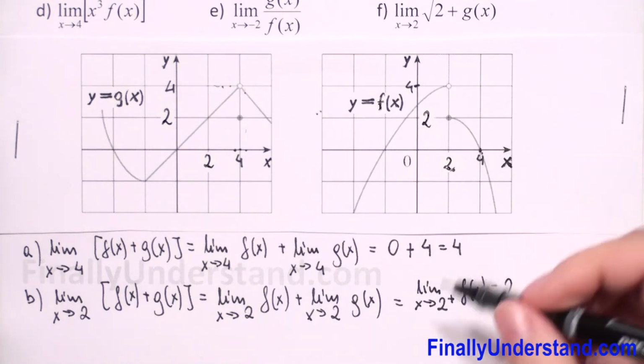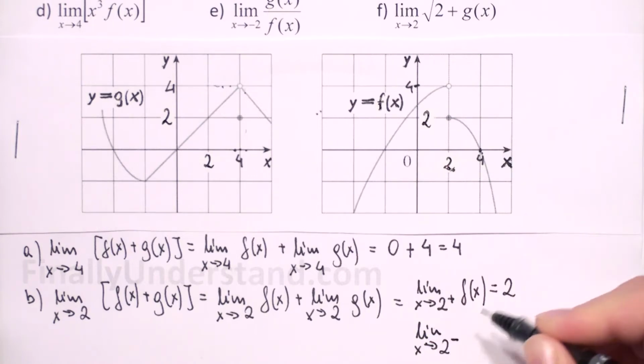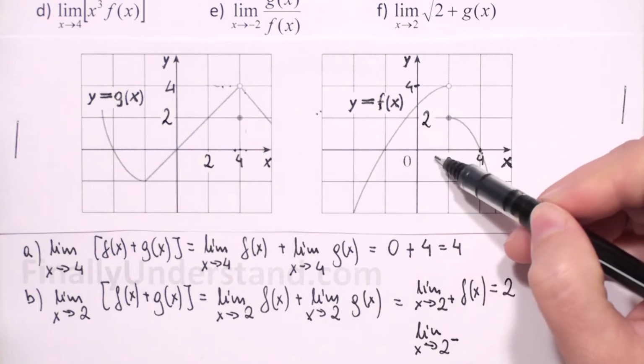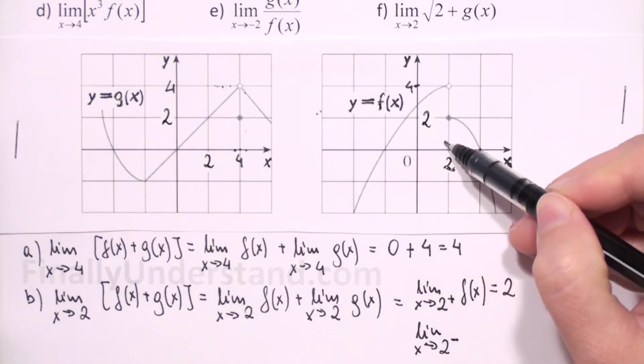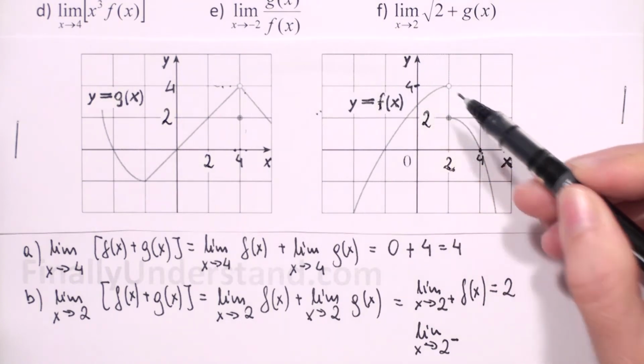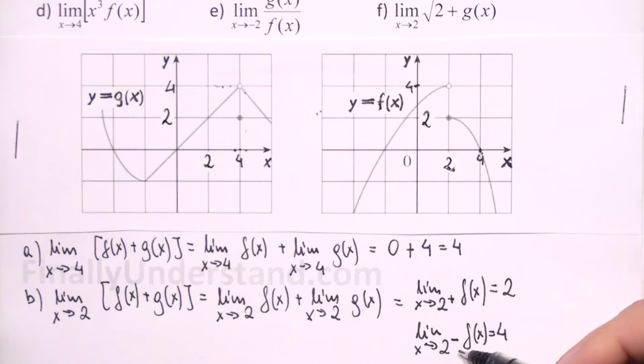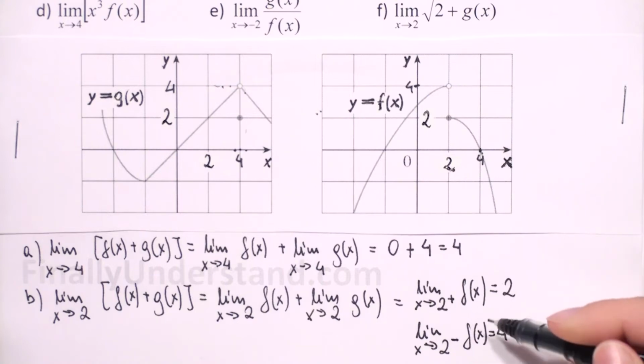because when we are going to 2 from the right side, the value is going to 2. And when we are going to 2 from the left side, we see the values are going to 4. So the left and the right limits are different. We don't have to check the limit of our g function, because the limit of f of x from the right and from the left is different.